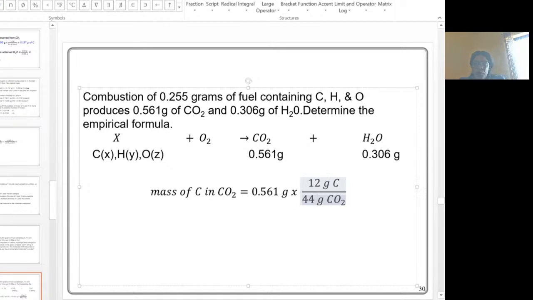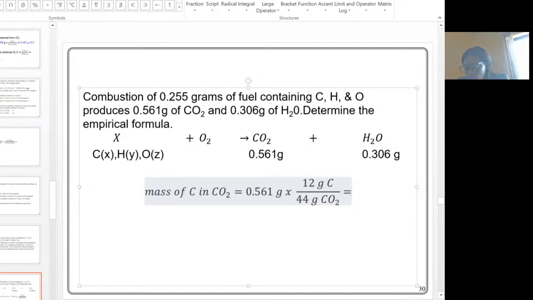When you do that calculation, 12 over 44, for those who've got a calculator, you can work this out as well. It will be 12 divided by 44 times 0.561.